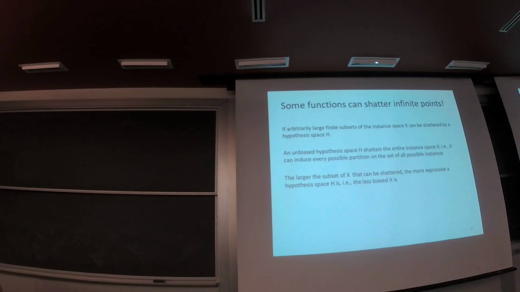So obviously, it's very hard to make your hypothesis space unbiased, right? But we can see that the larger the subset of the instance space that can be shattered, the more expressive your hypothesis space H is. Any questions so far?